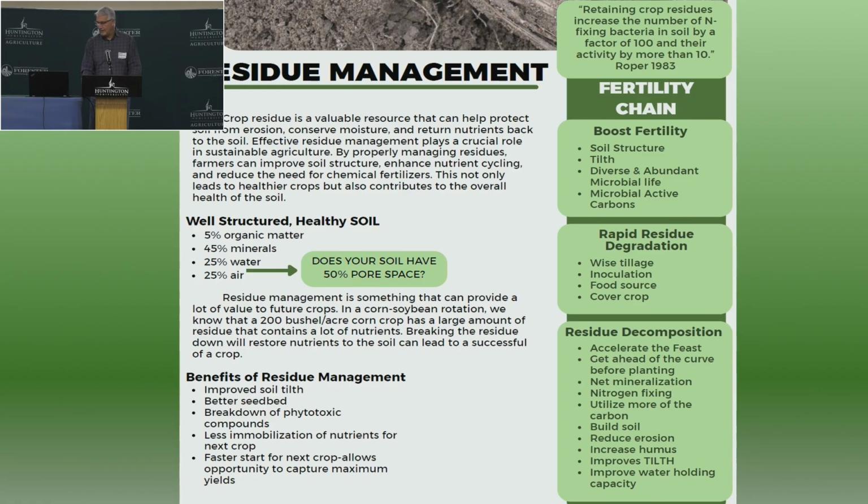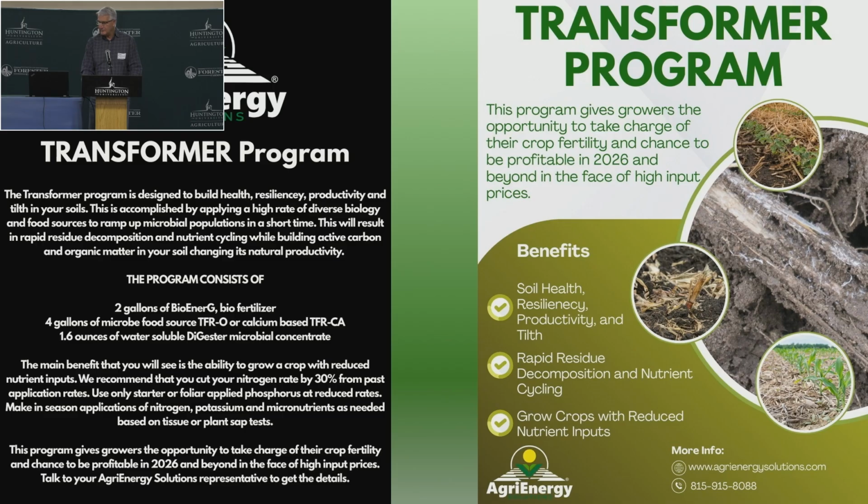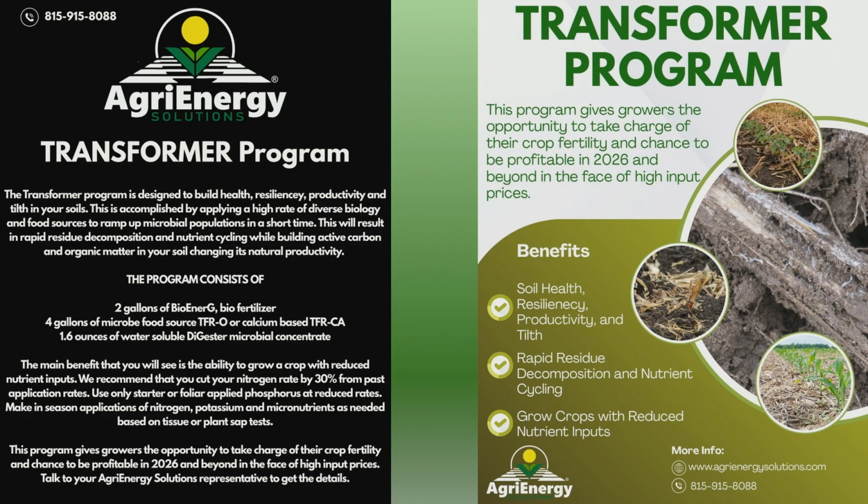You know, we have to have pore space. And if we get a residue to break down, we can add organic matter to it, and that helps create that pore space.